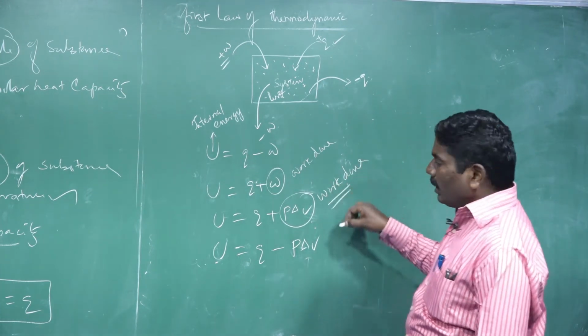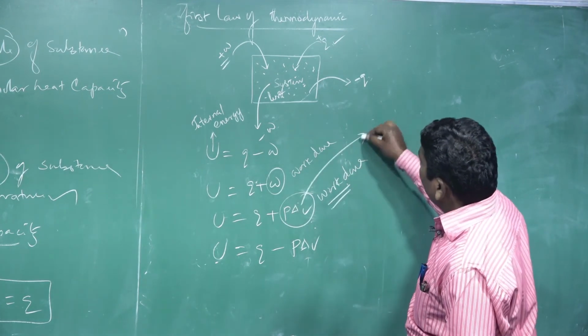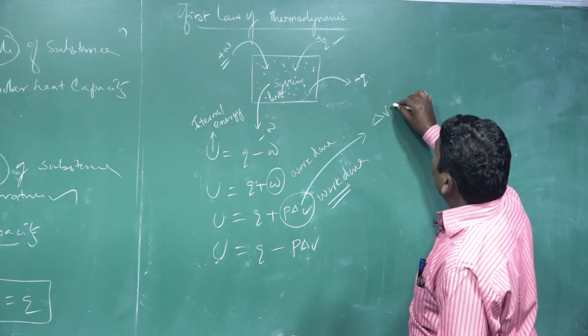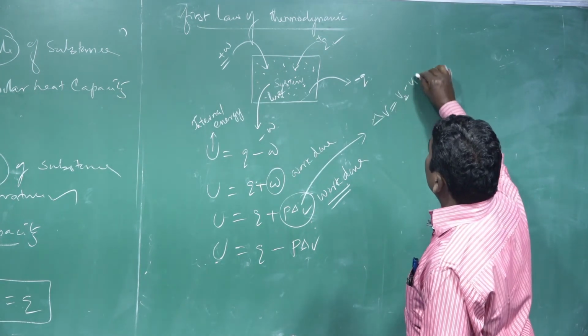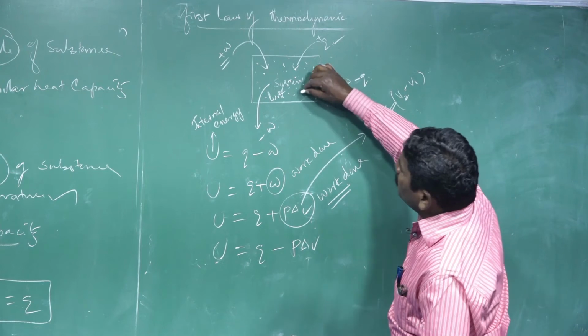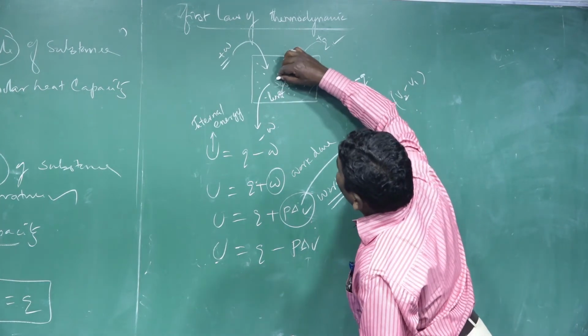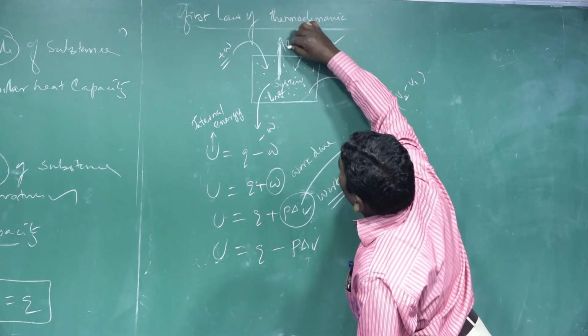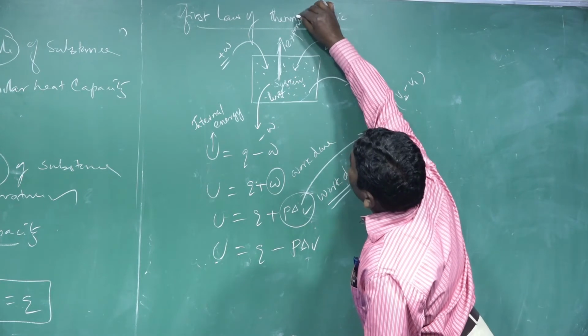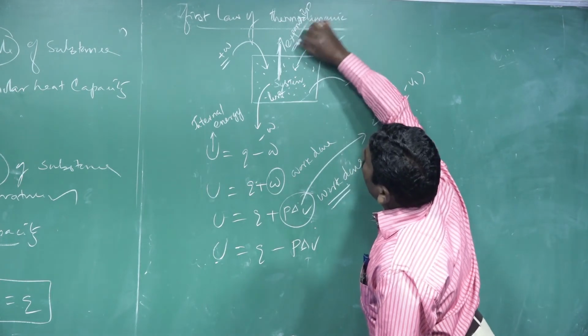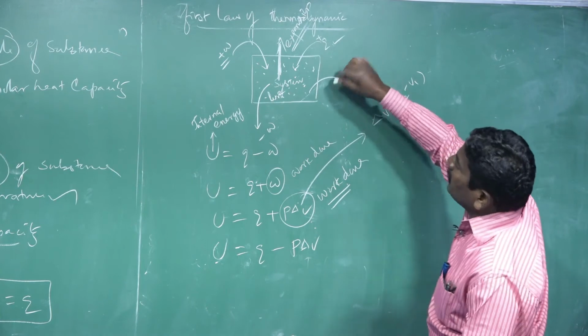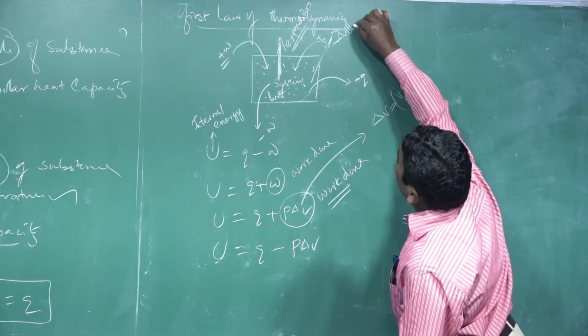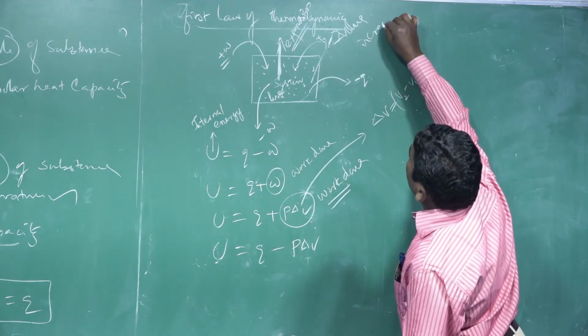Why can we say it is work done? Because in P delta V, the volume is changing, that is V2 minus V1. If the system is going to do the work, what will happen? It expands. The system is undergoing expansion, and the volume increases.